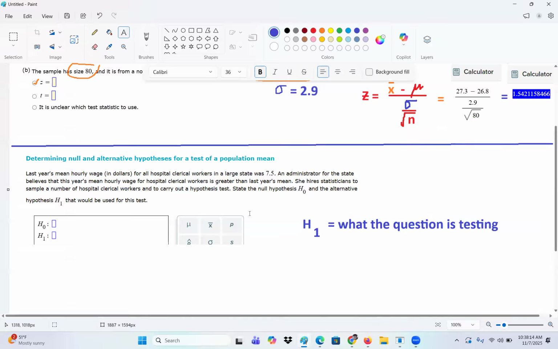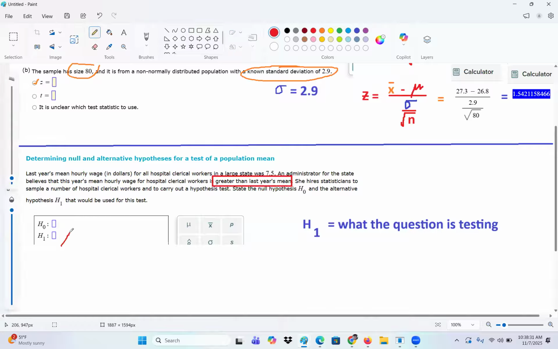Okay. So let's say the question is testing, and we have to identify the keyword for that. It's greater than last year's mean, so we're going to test whether the mean is greater than 7.5.